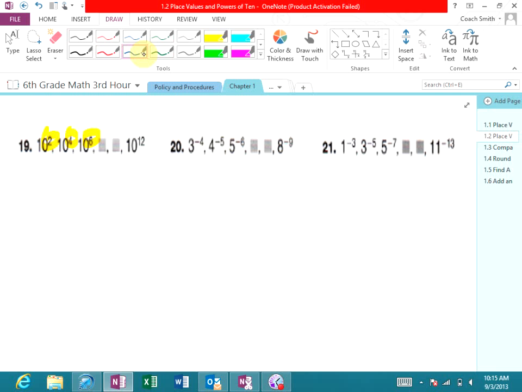So if it's increasing by 2, my first blank is going to be what? Jesse? 10 to the 8th power. Good. So my second blank is going to be what?